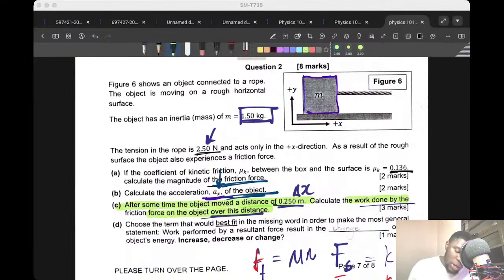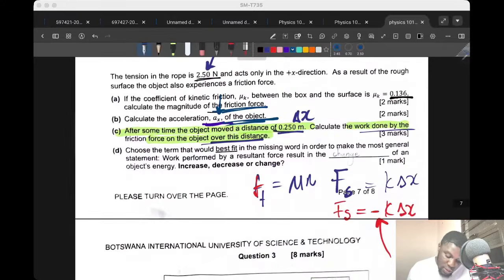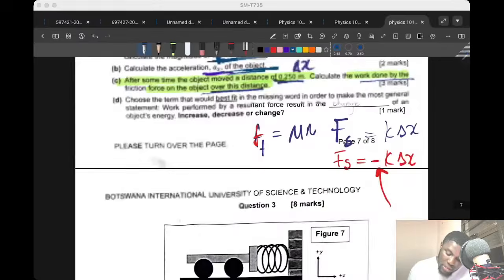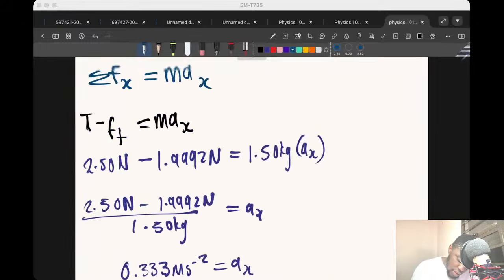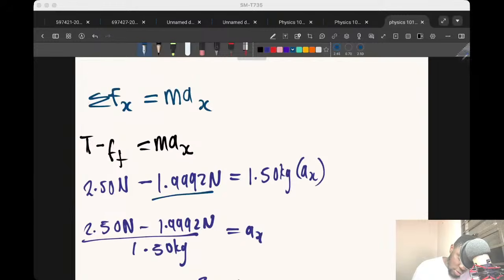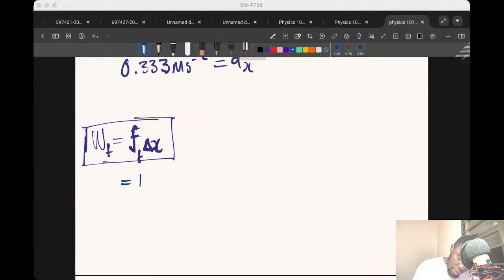If you want the work done by each force, you just multiply each force by the distance that was moved. So you just say friction times that distance. Now, what is my friction? 1.9992 newtons, times delta x.